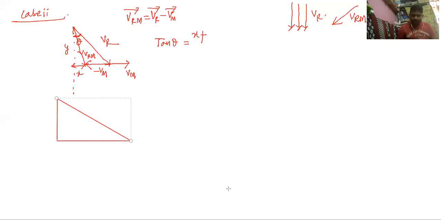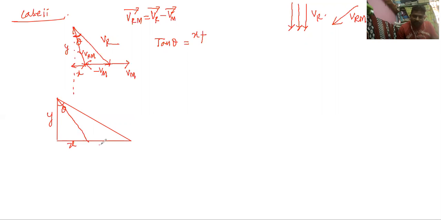See the right angle triangle here. This is the theta, right? So this is y and this is x.